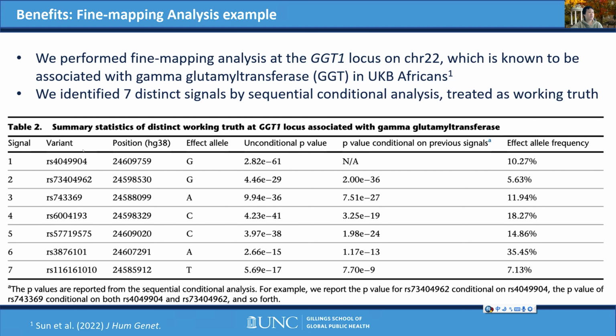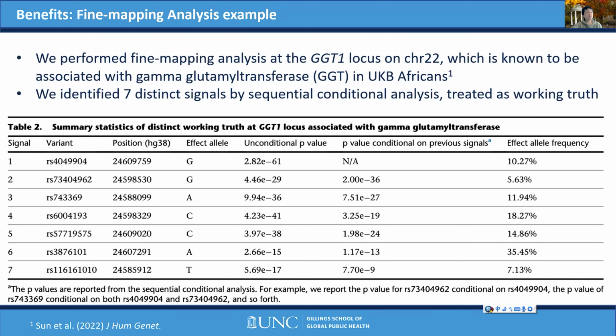Using individual level data, we established those 7 variants, through unconditional analysis and the sequential conditional analysis, that are associated with the GGT. Basically, we identified 7 distinct signals at this locus.